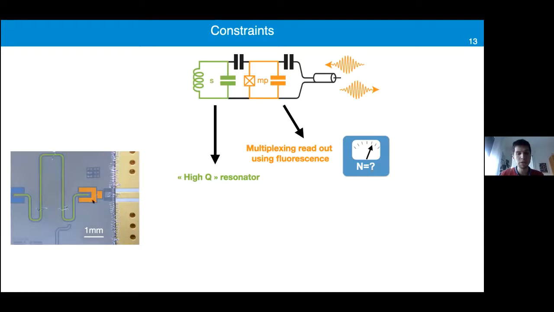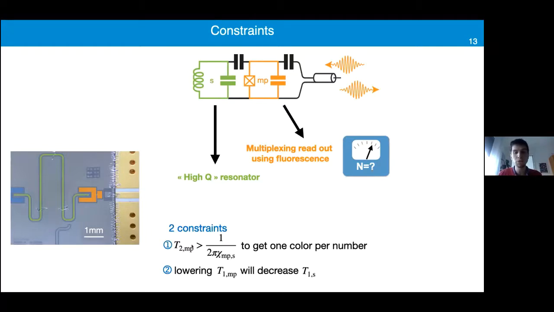So in the experiment, it was a transmission qubit here in orange, and you can see here the transmission line coupled to the qubit. And the 2 constraints you have to check: first, you need to be in the number resolved regime. And second, in order to have a fast measurement, you want to decrease the T1 of the multiplexing qubit, but due to the hybridization with the storage mode, it will also decrease the T1 of the storage.